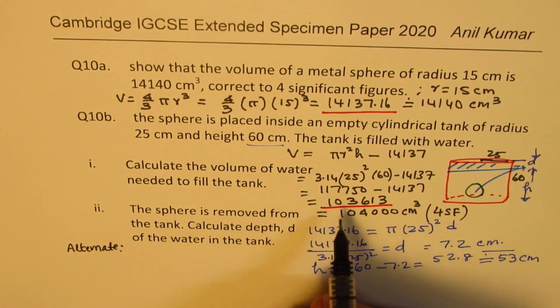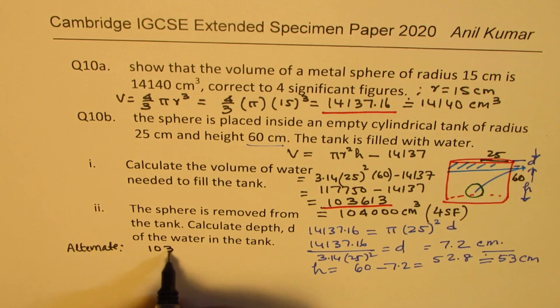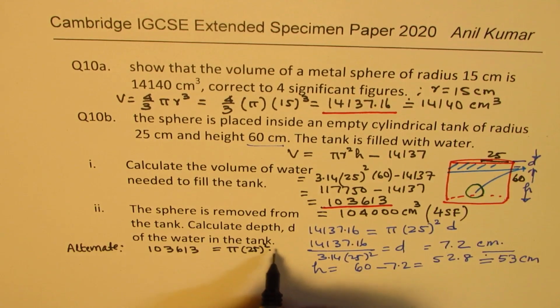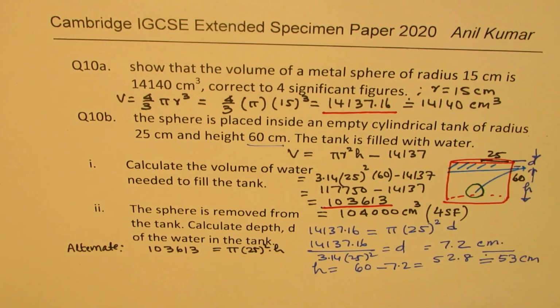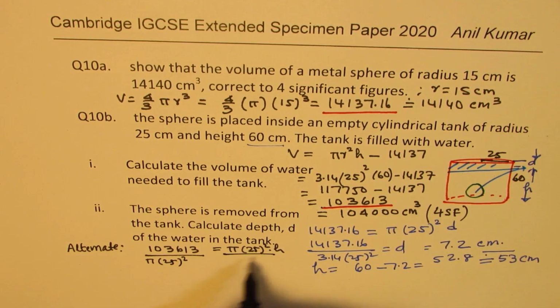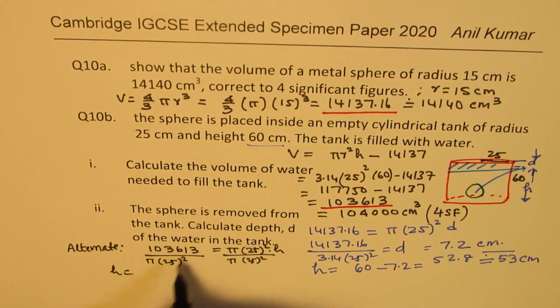So that is the volume, which should be equal to pi times radius square times height. And then when you divide both sides by pi times 25 square, you get the height. So height will be that much.